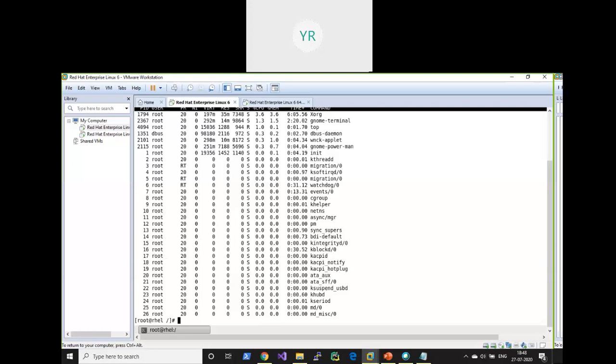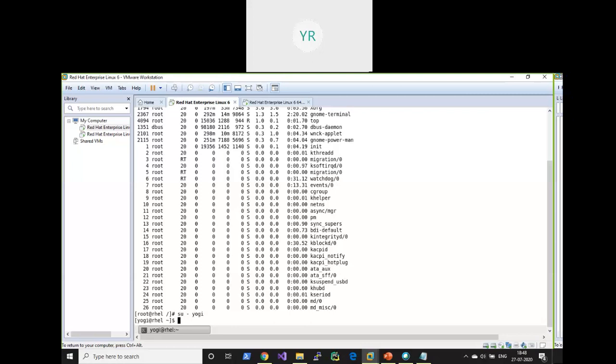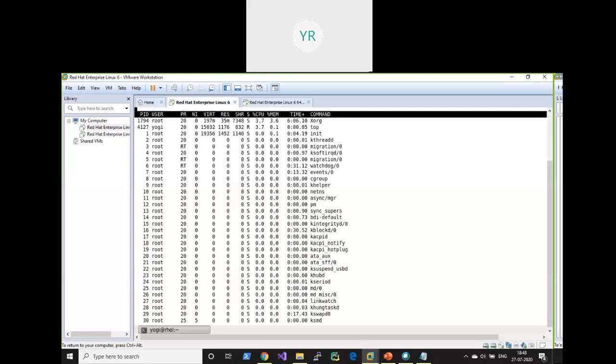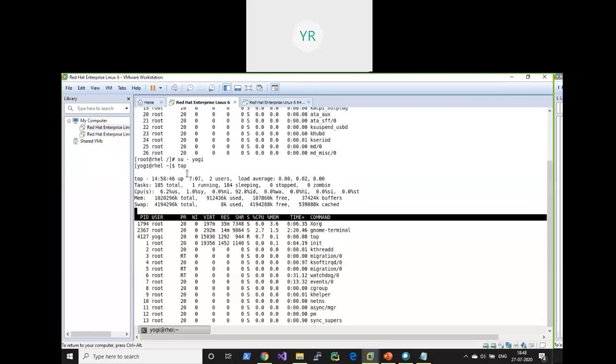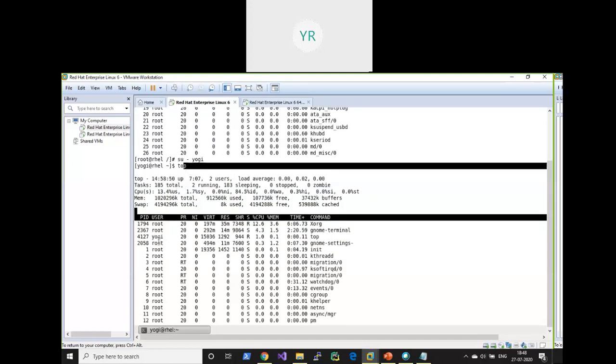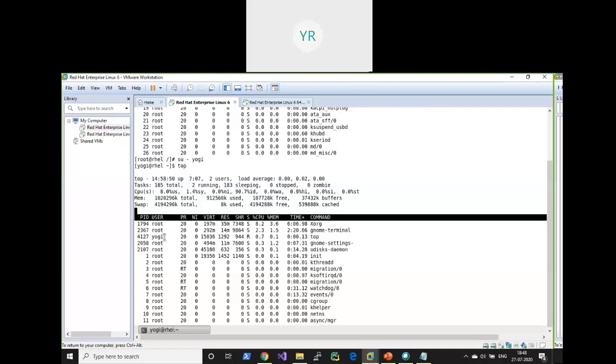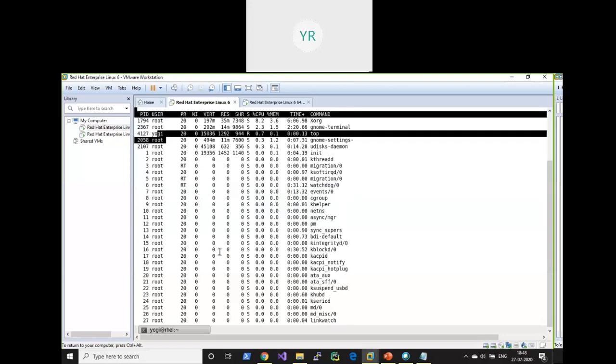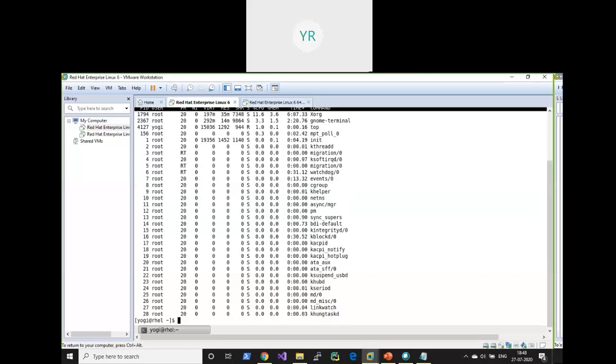Suppose I was logged in as some user, Yogi. Look here, the Yogi user is also taking some process. So if I enter top, by default it will give the information about all the users, root user as well as normal user. But I want to know the process information about a particular user, just Yogi.